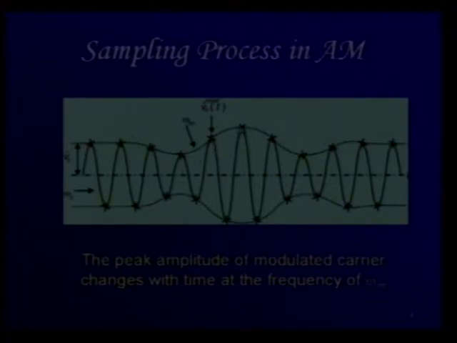So for example, if you are at this particular point, which is the highest point here, then the maximum amplitude of the carrier wave is high, whereas here where the modulating signal is low, the peak amplitude of the carrier wave is small. So we have just changed the peak amplitude of the carrier wave with omega m.